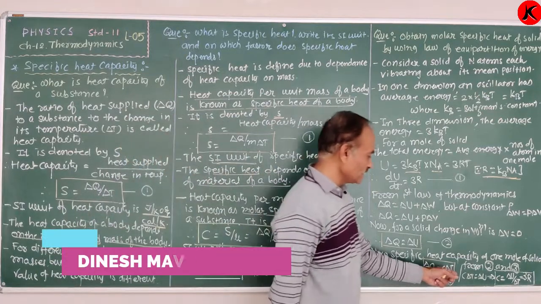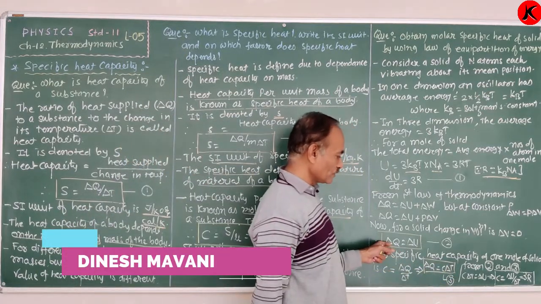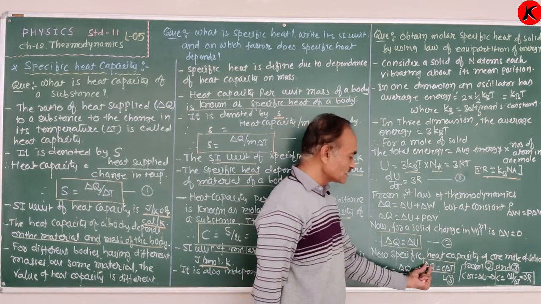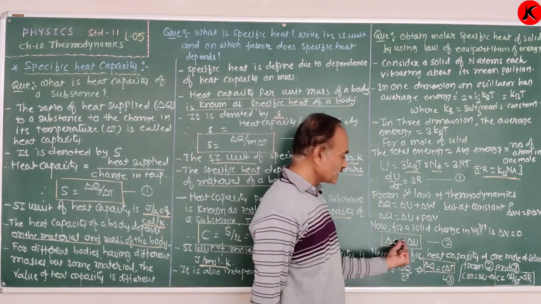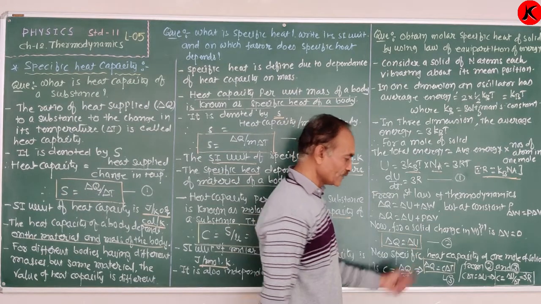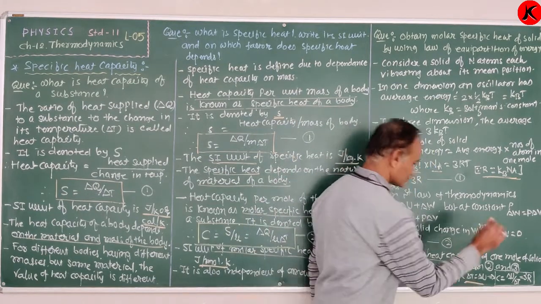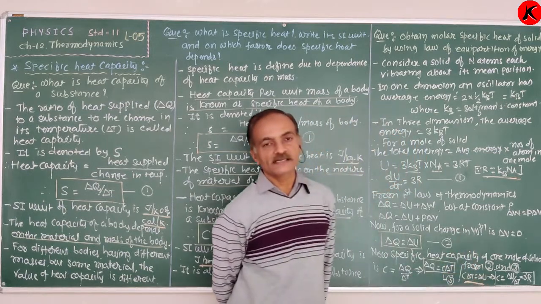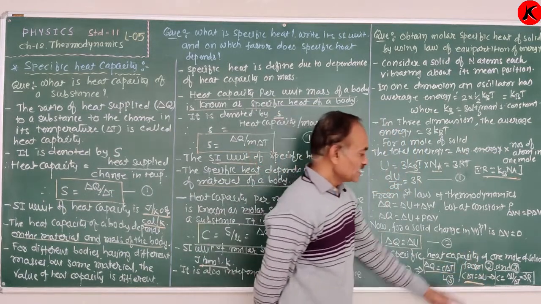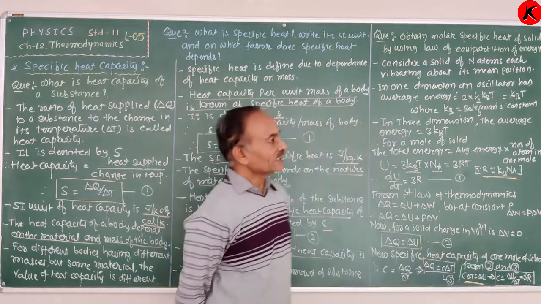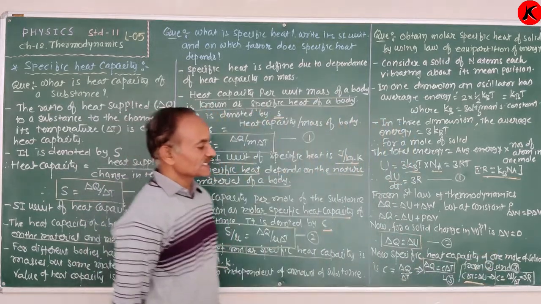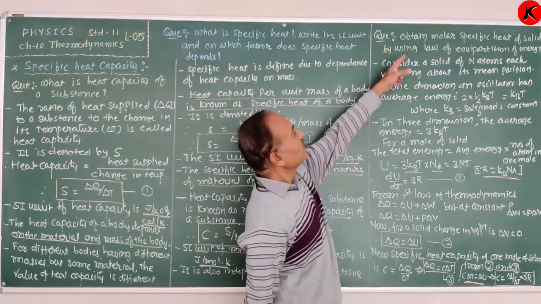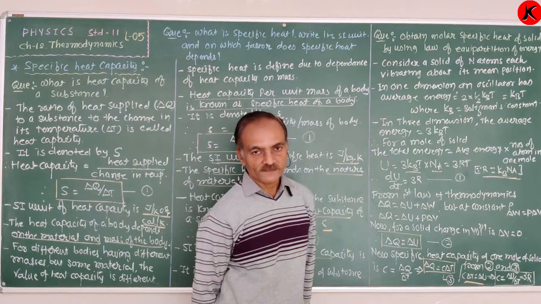Compare these two equations. Instead of delta Q, we substitute this value. C delta T is equal to delta U. Therefore, C is equal to delta U upon delta T, which is the specific heat of 1 mole, the molar specific heat.